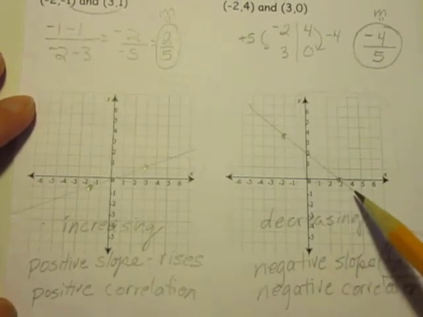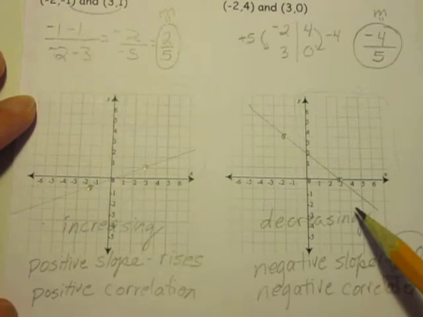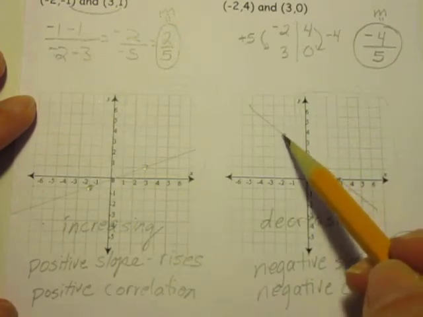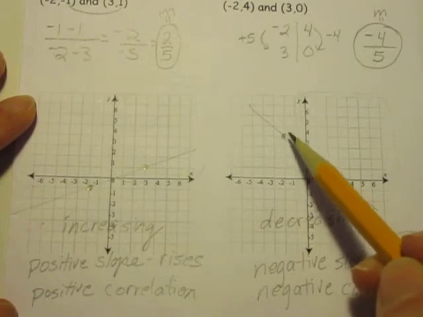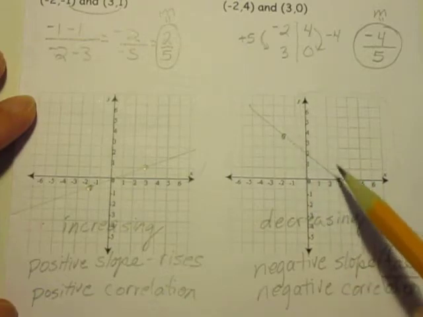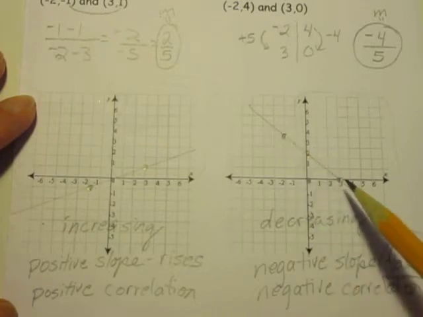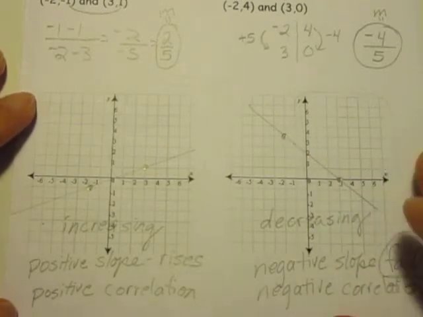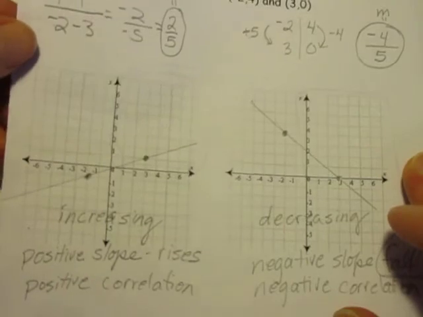It fell going left to right, and that's called a decreasing relationship, or a negative slope, negative correlation. In other words, as x increases, going from -2 to +3, y decreased. So there's that decreasing relationship between the x and y coordinates. So that's a fast and furious review of our last lesson.